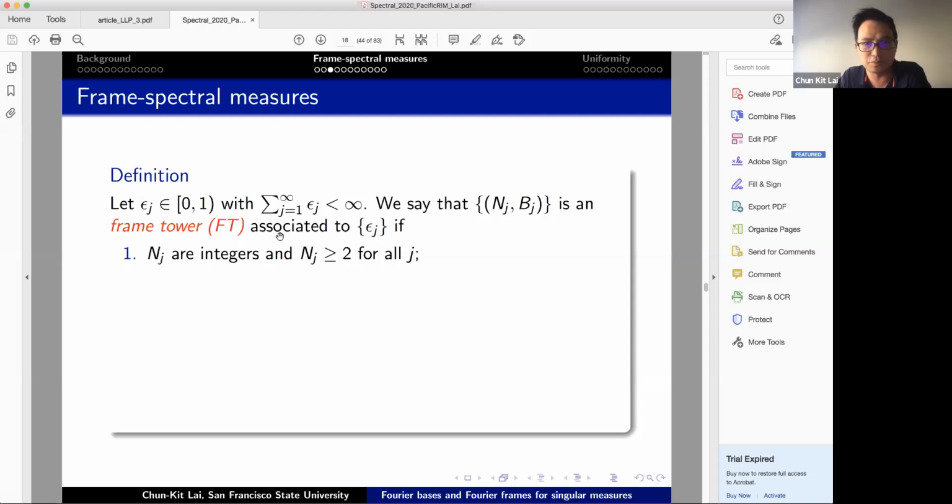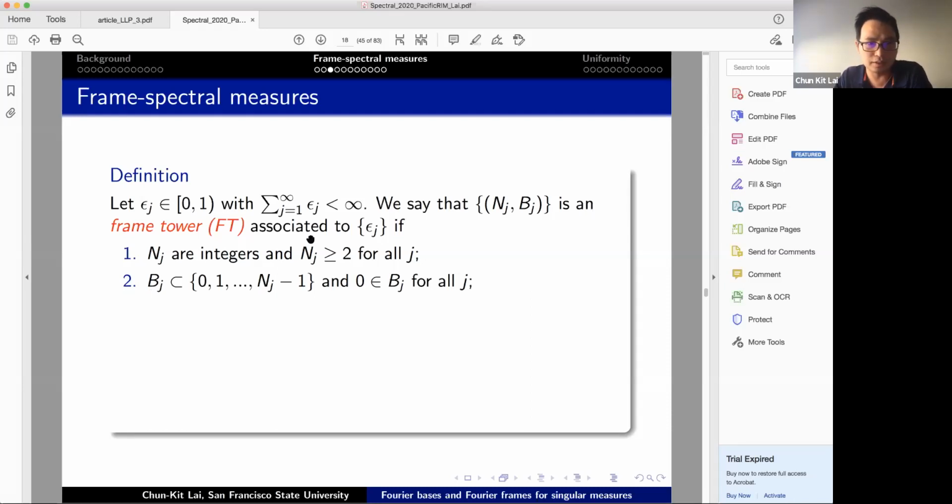If you have a frame tower, we also have an error estimate called epsilon j, whose summation is finite. First of all, the Nj are all integers. Secondly, the Bj are subsets of integers chosen from 0 to Nj minus 1, and for simplicity we assume 0 is always inside.